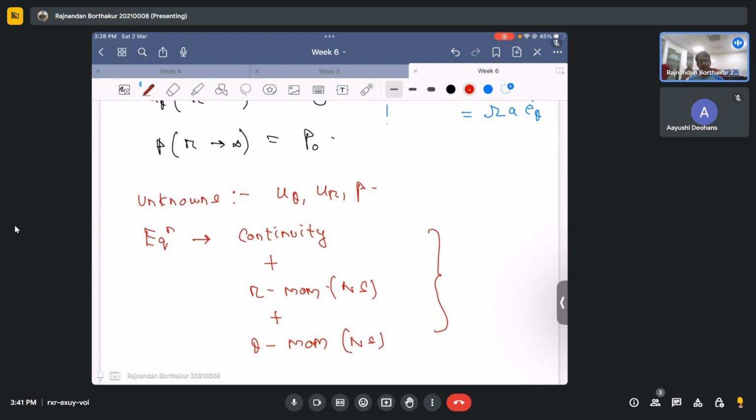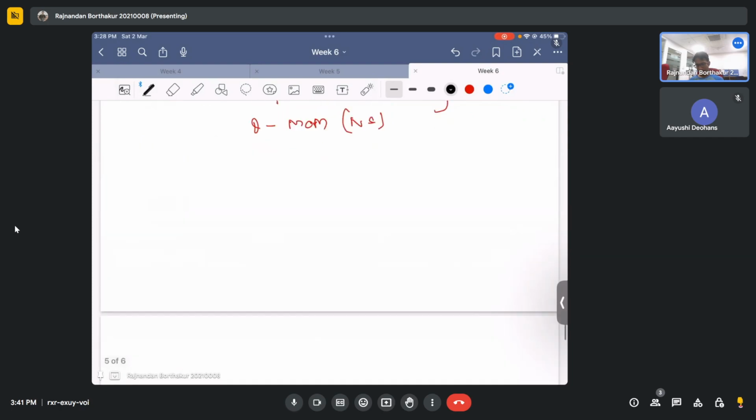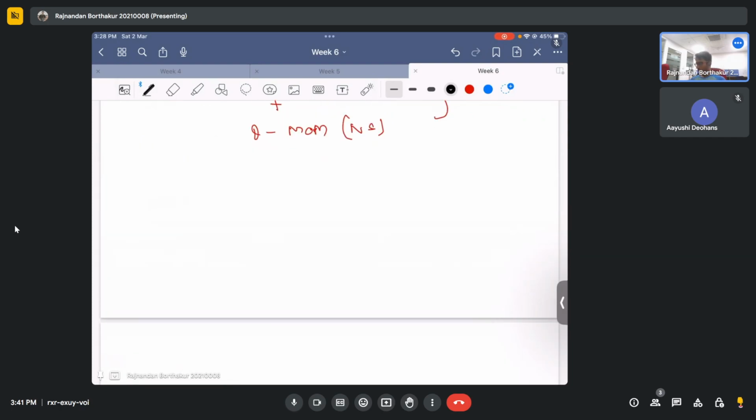There may be certain instances where the boundary conditions are not sufficient to give us closed form solutions. We will see what I actually meant by that. I hope this is clear.